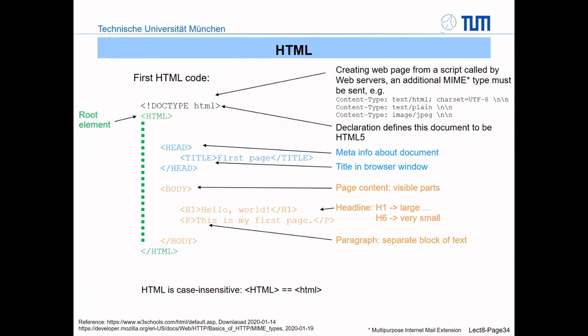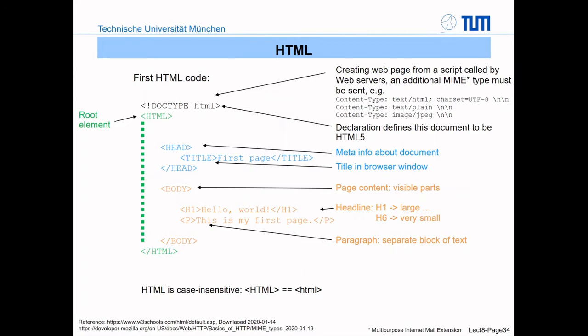For example, the title in the head information is not directly visible in the page. It tells the browser that in the window headline there should be an additional title. The headline in the body part is really visible in the web page. So H1 to H6, for example, are headlines, from large size to very small size.